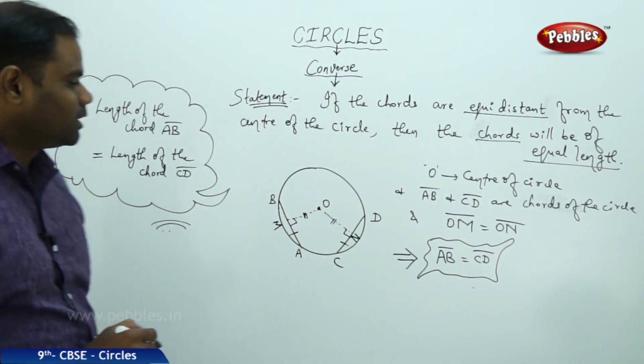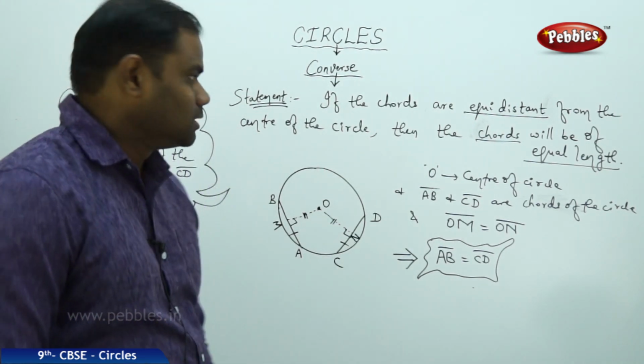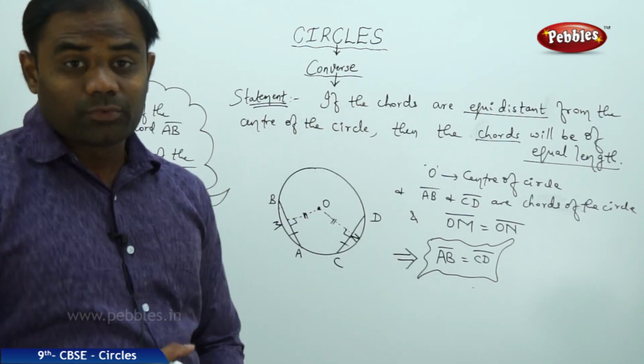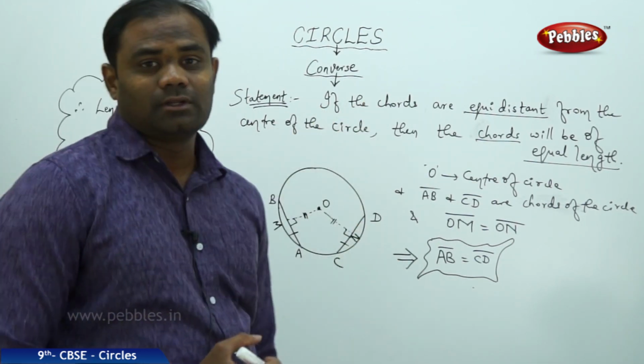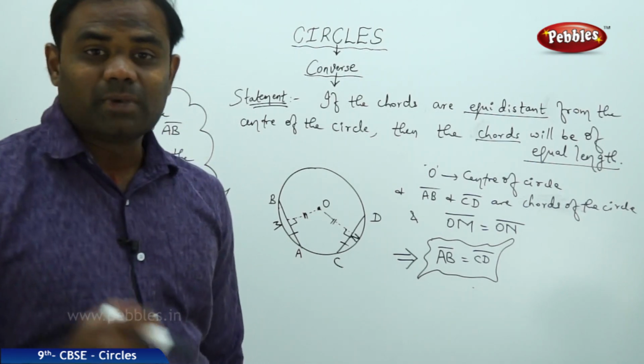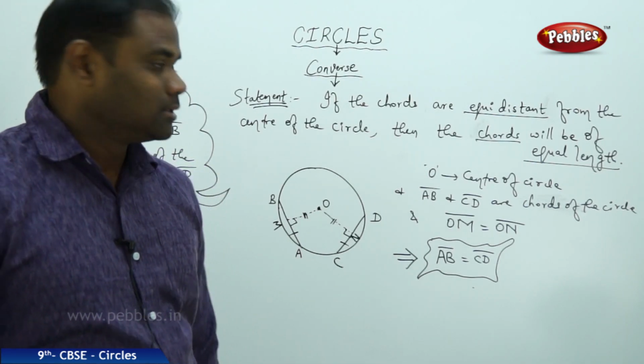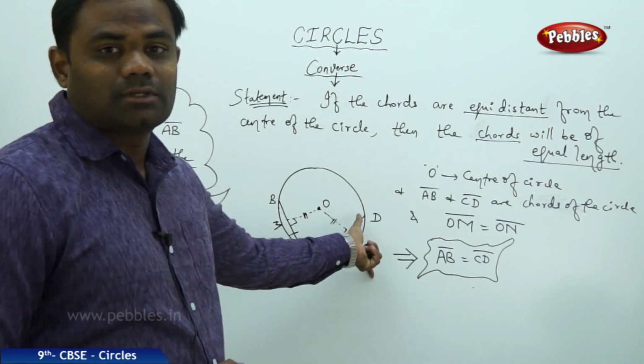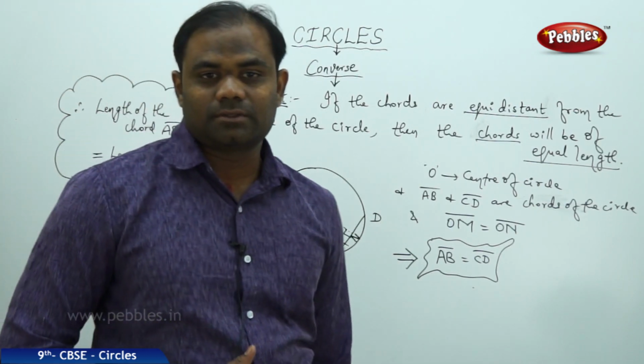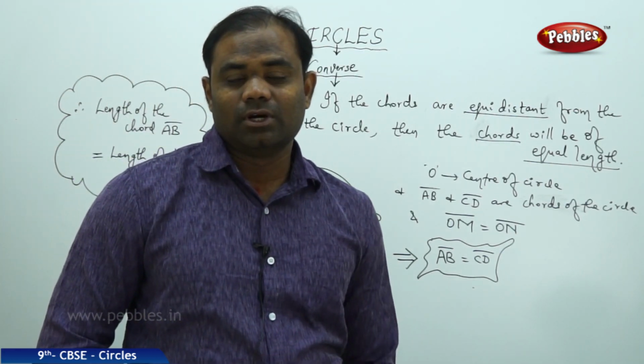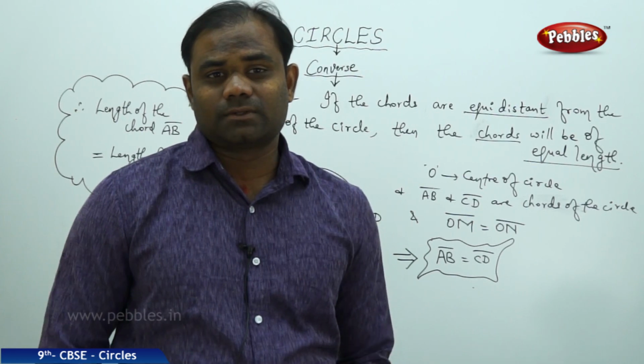So is how we understand the converse. If the chords are equidistant from the center of the circle, then the chords must be of equal length. AB equals CD in this case. Converse holds true for chords.